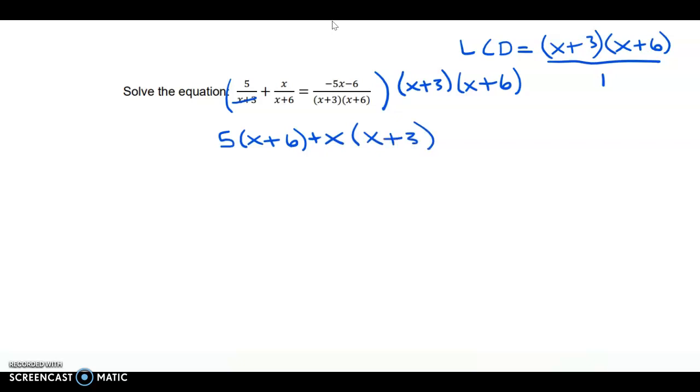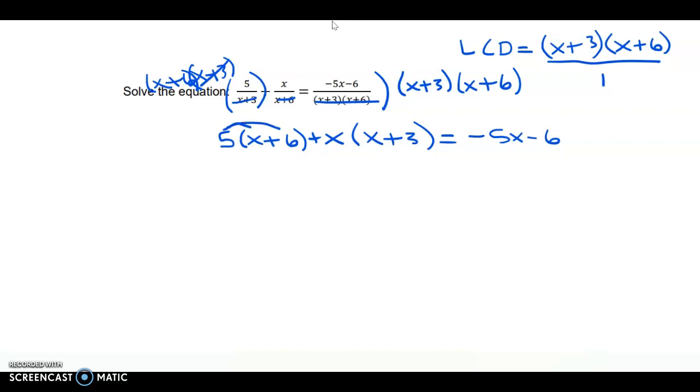And this last one has both of them, and so we're just left with 1 times negative 5x minus 6, but that just becomes still negative 5x minus 6. If that way is confusing, you can write it out on each one, and then you can cancel out and see it more clearly. That's another way to do it. So then we see, okay, x plus 3 would cancel on that first one, 5 times x plus 6, and so on.